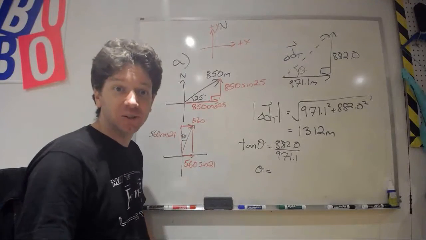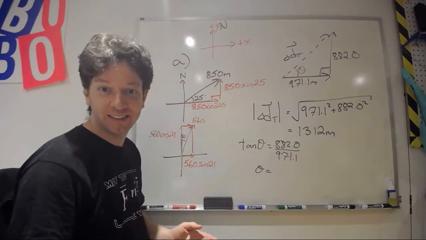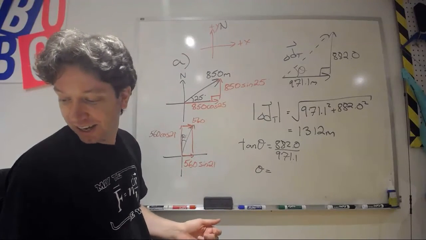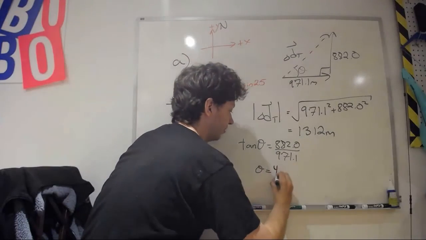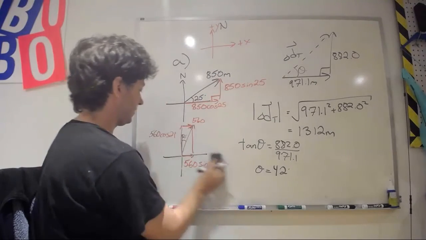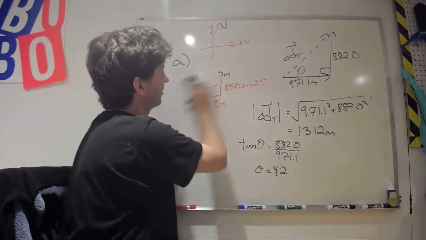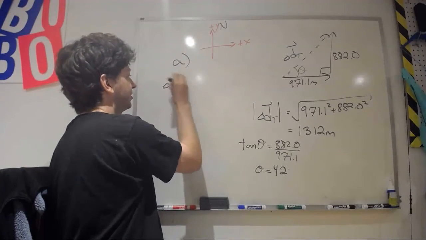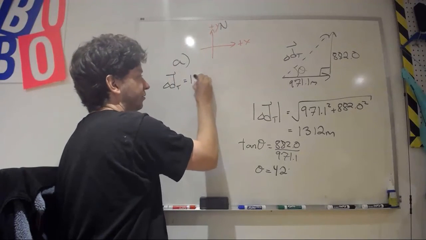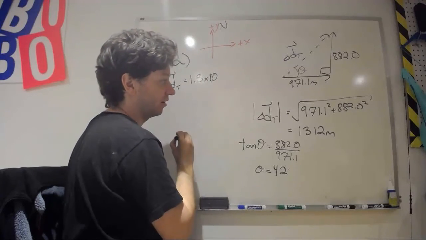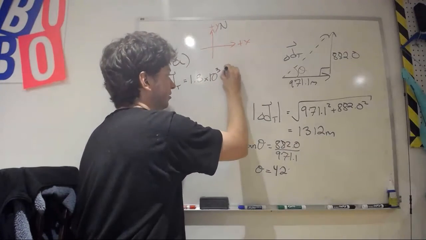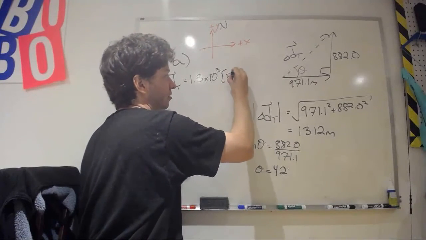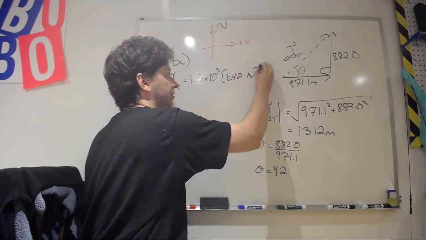I get a lot of students coming from math that have it on radians and they get the wrong answer. So make sure it's on degrees, and you should get 42 degrees. That being said, we can now write our answer for A, saying the total displacement is 1.3 times 10 to the power of 3 meters, east 42 degrees north.